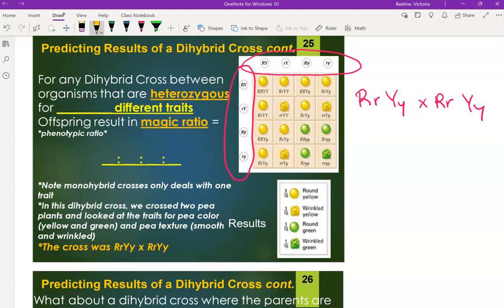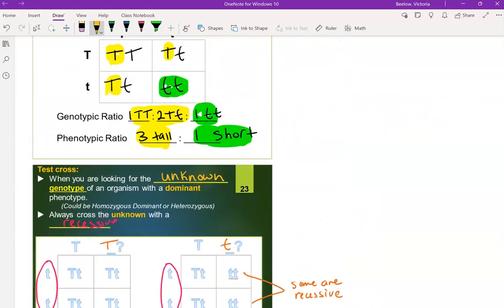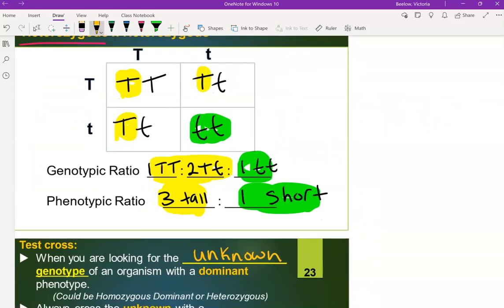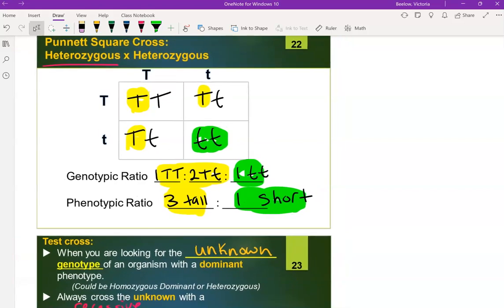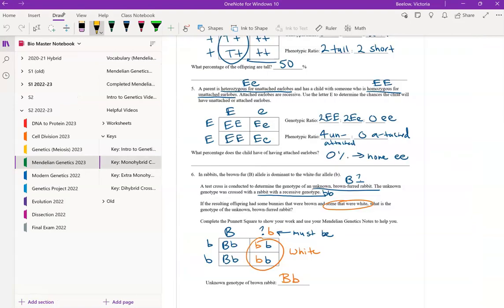For any dihybrid cross between organisms that are heterozygous for two different traits, you will always get the same ratio, which hopefully you've been noticing with any hybrid cross. The cross between two heterozygotes always gives the same ratio. That was actually the same thing in the homework.